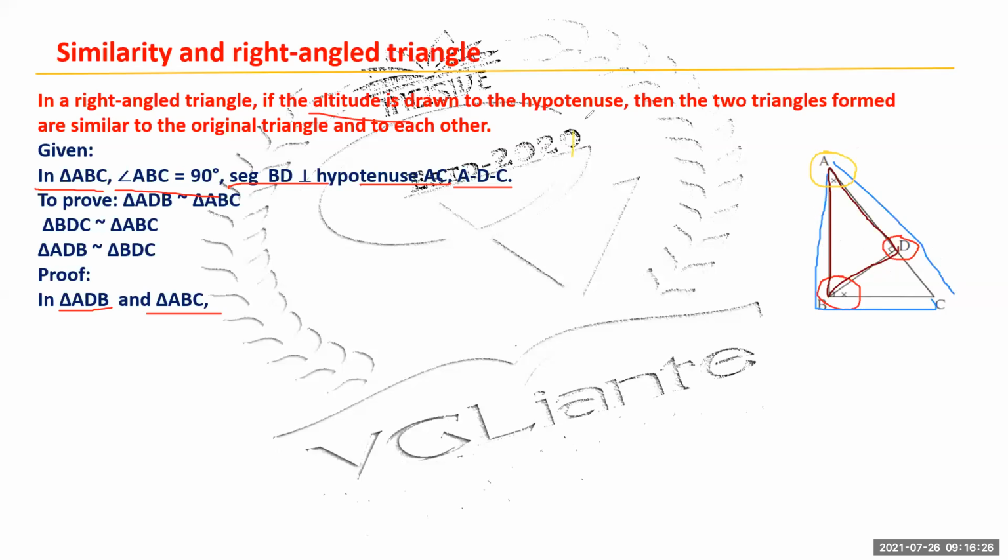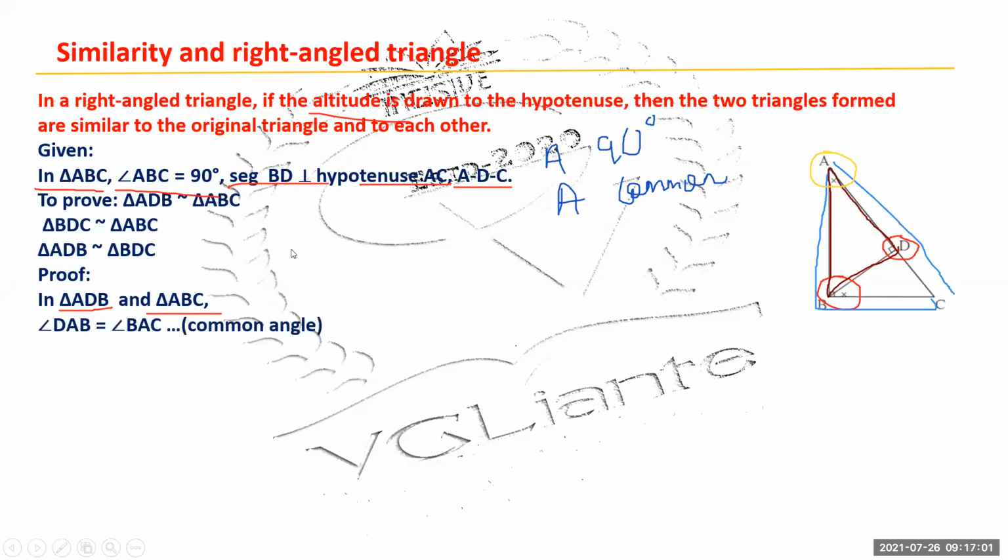We've got one angle as 90 degrees, and the other angle is common. So by the angle test, you can show that these two triangles are similar.